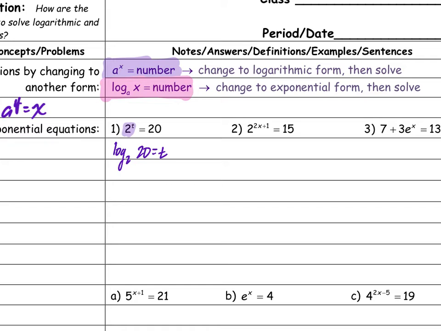So, let's see. Log base 2 of 20. So t is approximately going to be equal to 4.3219. Okay, and that's it.